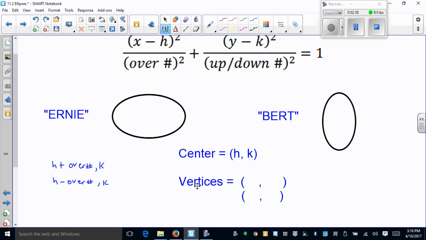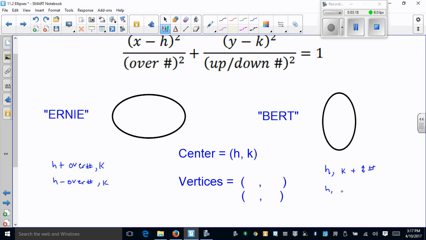If it's a Bert, it's going to be H, comma, your up-down number plus K. I did this backwards again, because you're starting from K. It's K plus your up-down number, or K minus your up-down number.